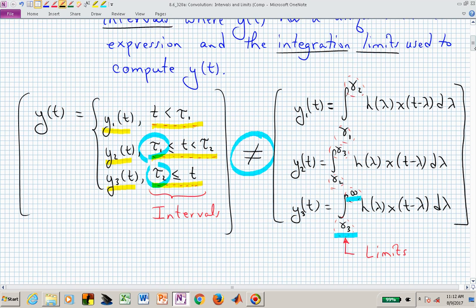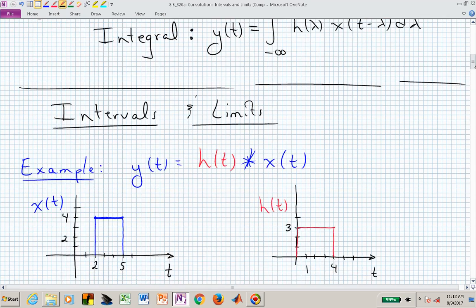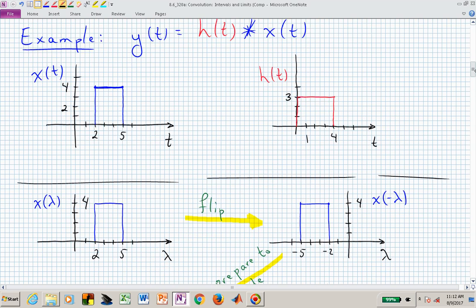So we're trying to distinguish between intervals and limits, and we're going to do that with one big example, where we're convolving h of t with x of t, and I'll try to be consistent with my colors.